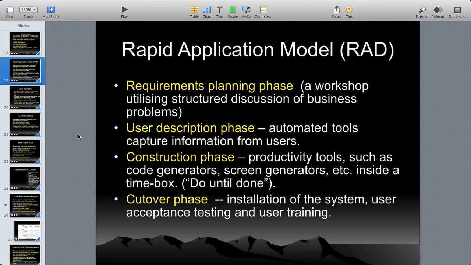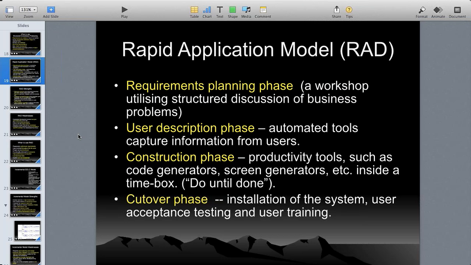This is incremental only, but we are doing it very fast. In incremental, it will take 6 months, for example, to design Gmail. Here it will take only 2 or 3 months. How and why? Because in incremental, requirements gathering is 3 months, designing is 3 months, or else requirement gathering is 1 month, designing is 2 months, development is 2 months.